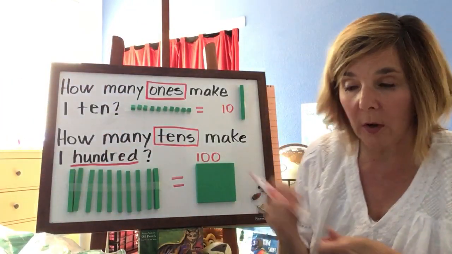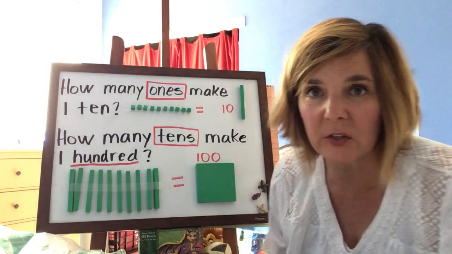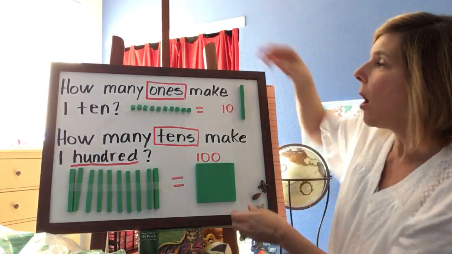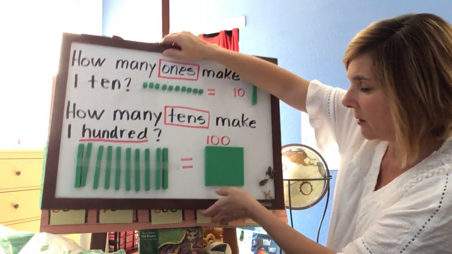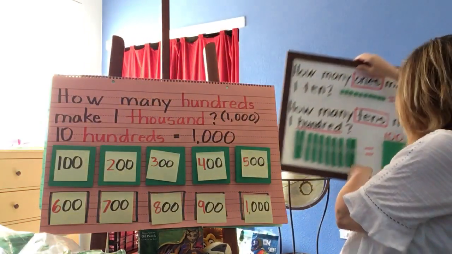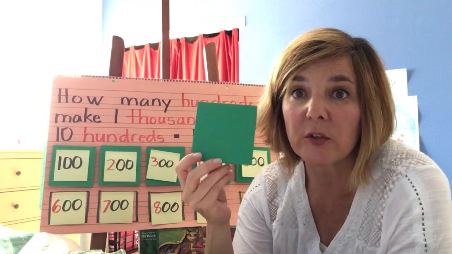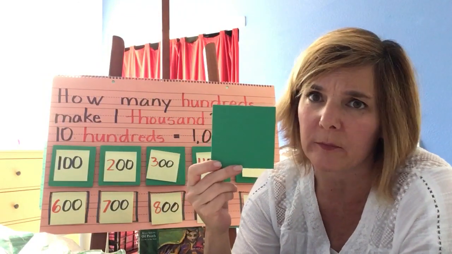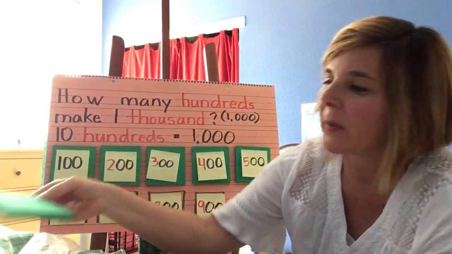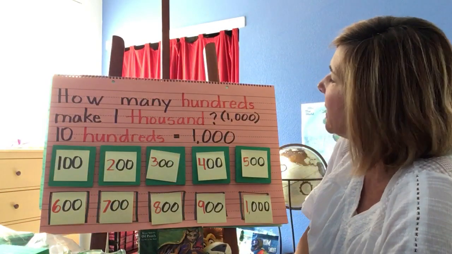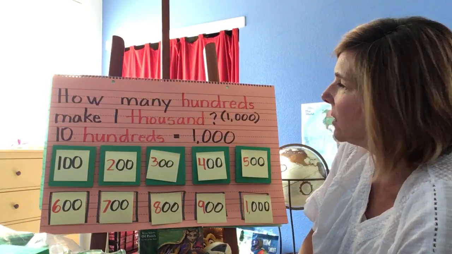Okay, let's go on to my next board, which is going to teach us how many hundreds are in 1,000. Now remember, I said I didn't have enough of these to get there, so I drew some with 10, and I've labeled them for us to make it even easier. Okay, let's start at the top. How many hundreds make 1,000?